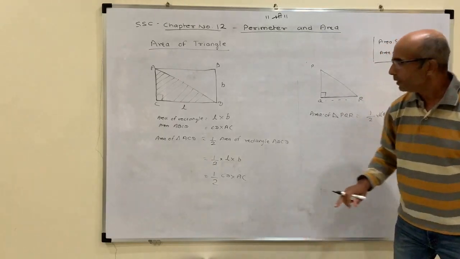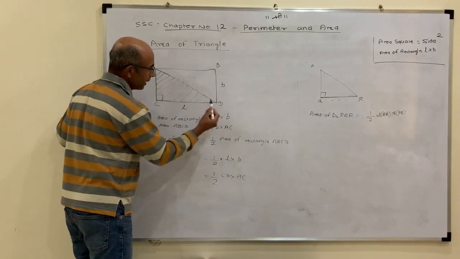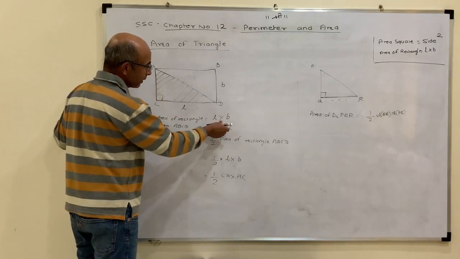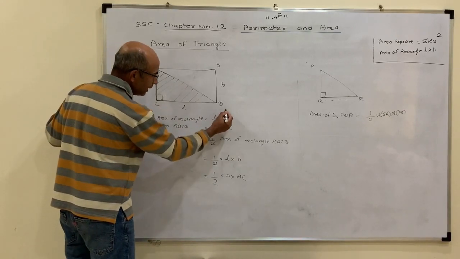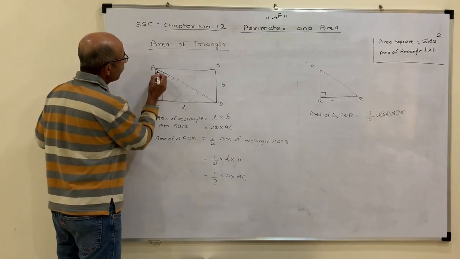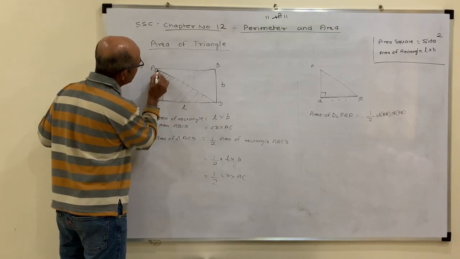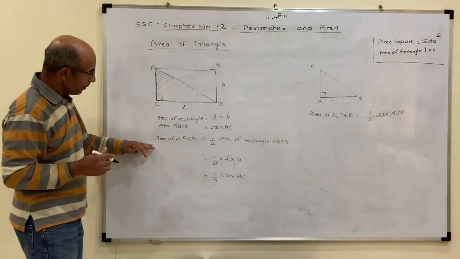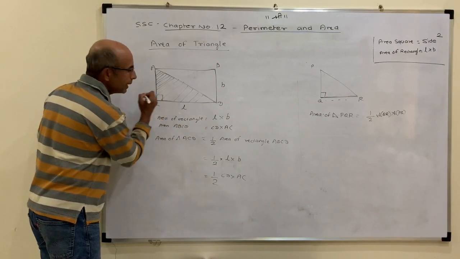Let's understand this again, I'll explain it again. ABCD is my rectangle. So the area of ABCD is length into breadth. My length is CD, my breadth is AC. Now I want to find area of this half part of ABCD. I join the diagonally opposite vertices A and D. Since it's a rectangle, this is a 90 degree.